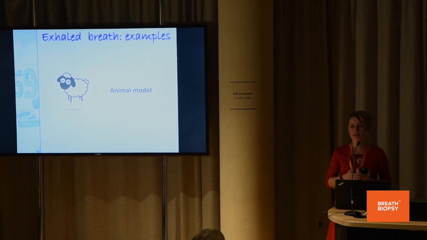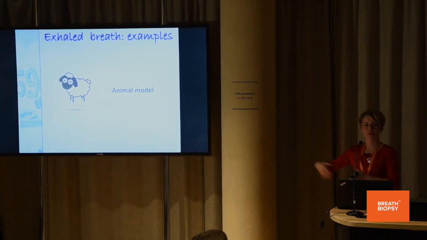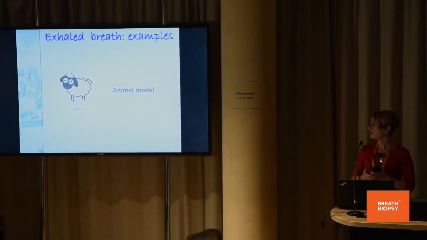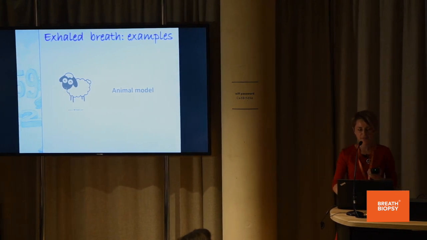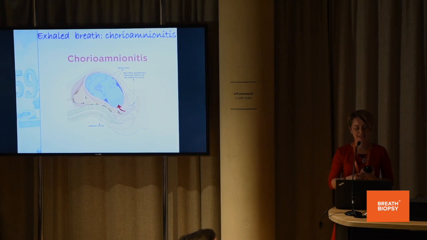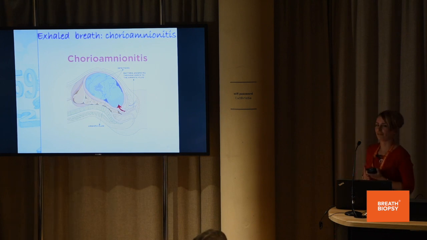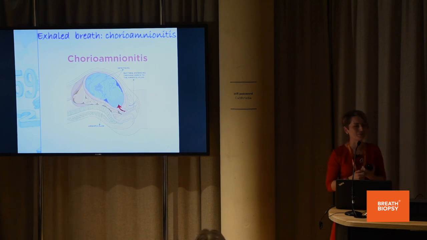Okay, so now I move from humans to animals, and I would like to show you an animal model that we used in sheep, for a disease called chorioamnionitis, and I have to look on a screen to read it because I found it a very complex, difficult name.